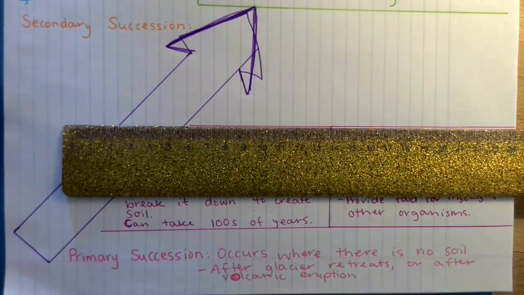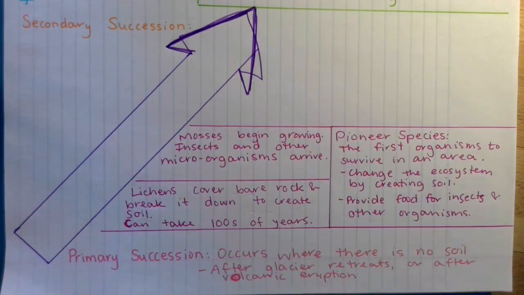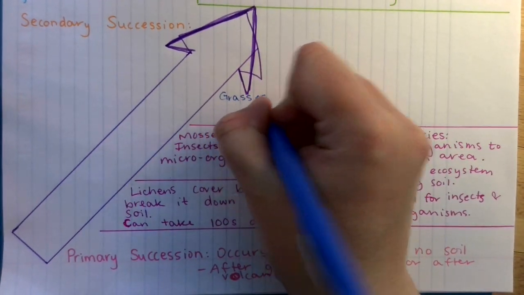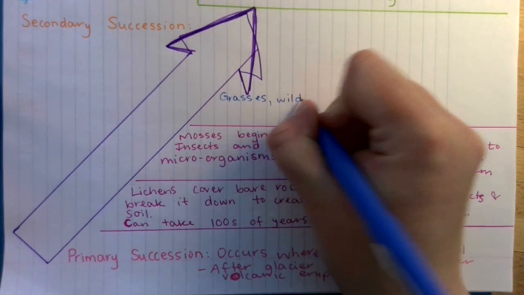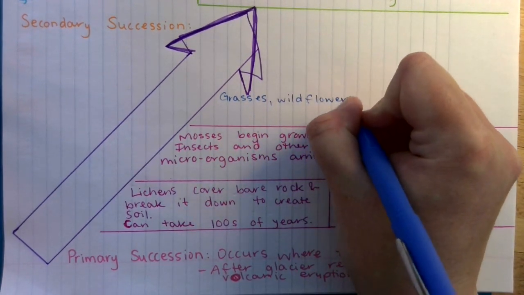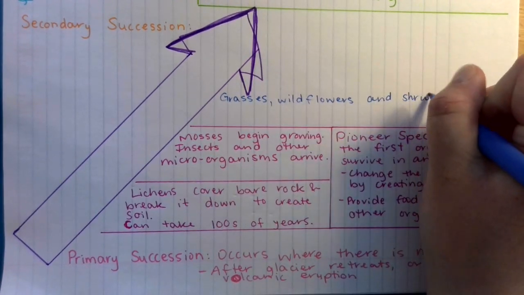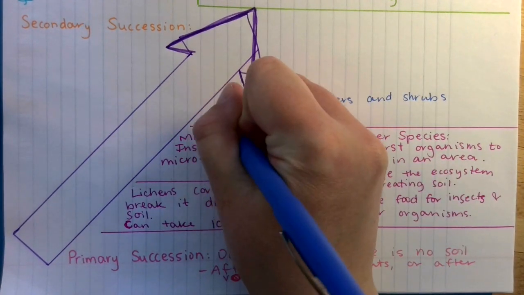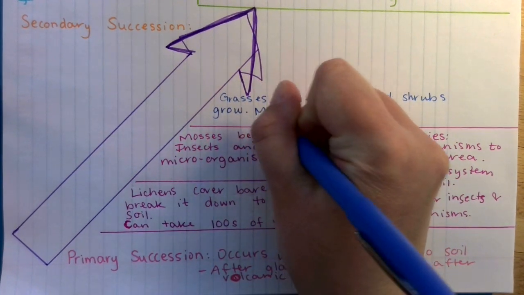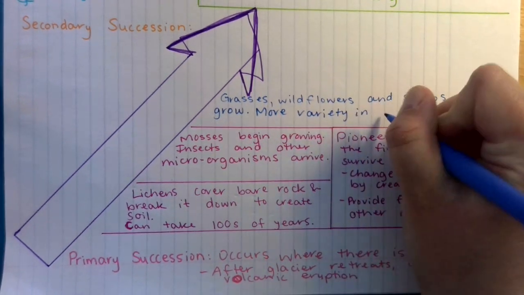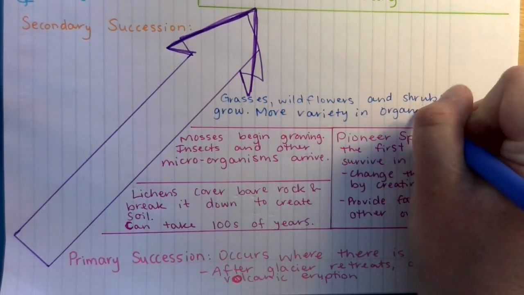Next up, we have intermediate species. So grasses, wildflowers, and shrubs grow, more variety in organisms.